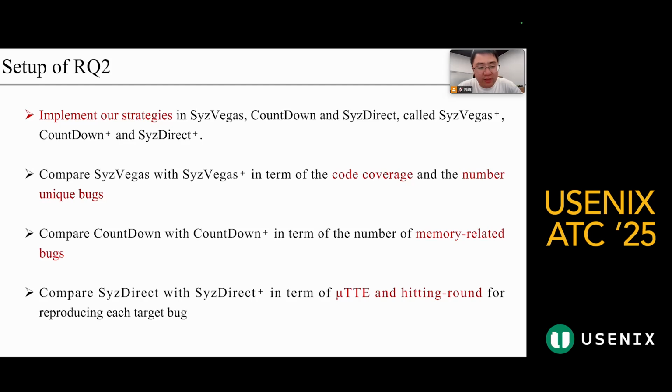We compare Vegas with Vegas Plus in terms of code coverage and the number of unique bugs. We use the memory-related bugs to evaluate Cutdown and Cutdown Plus. We use the average TTE and hitting round for comparing Direct and Direct Plus.